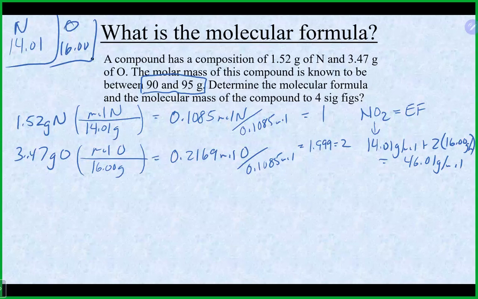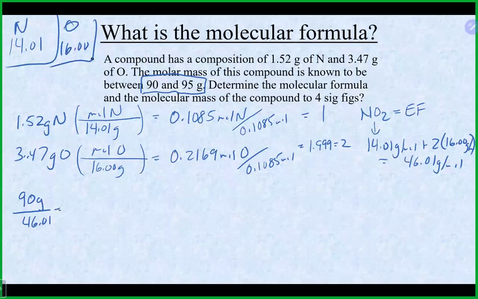Now that we have the molar mass of the empirical formula and the approximate molar mass of our compound, we could figure out the factor that we need to multiply our empirical formula by. Like I said before, here you do have a range. You could take the bottom part of the range, which is 90, and divide it by 46.01.